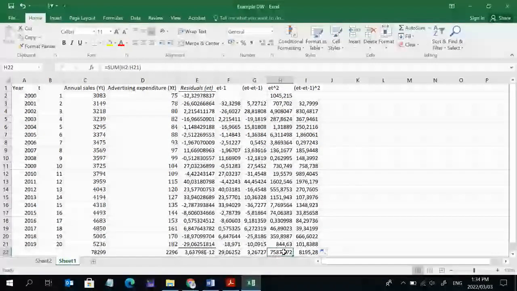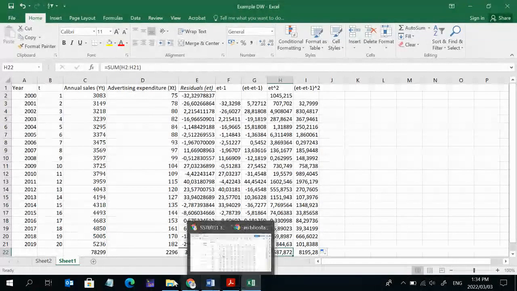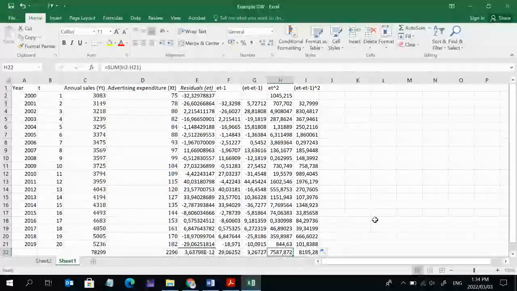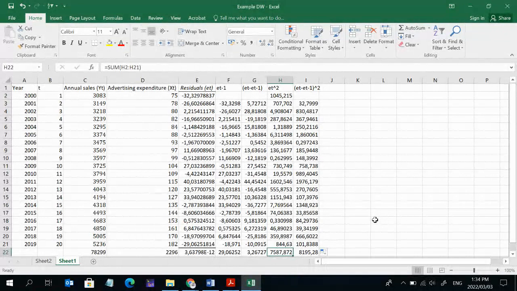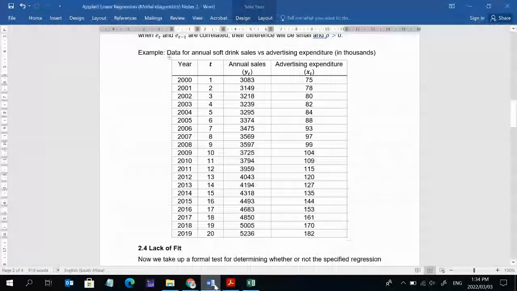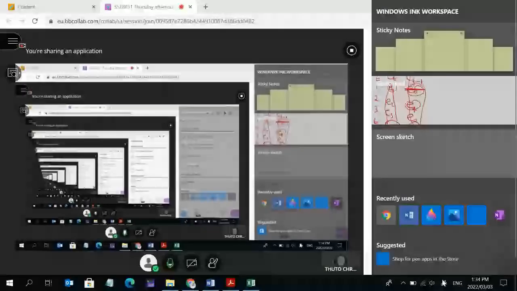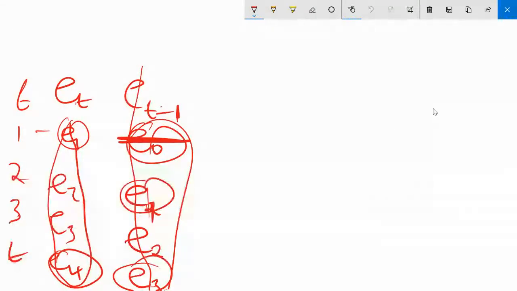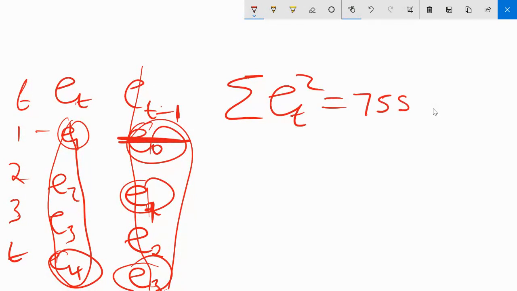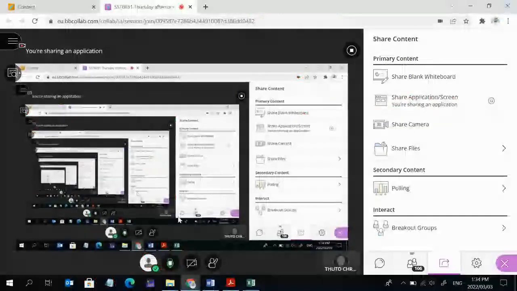I'm going to take it to the whiteboard. It's 7587872. Let me go to the whiteboard. So what we're getting from Excel is that the sum of ET squared is 75,878.72.